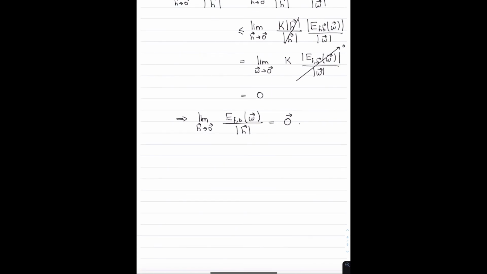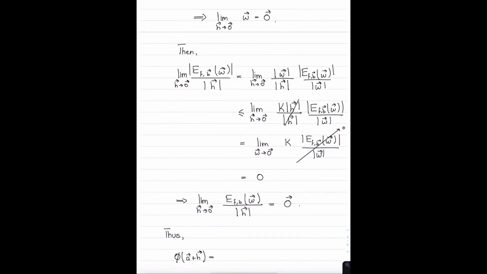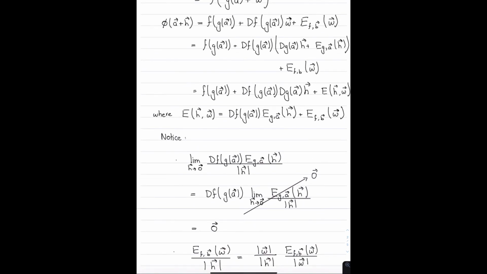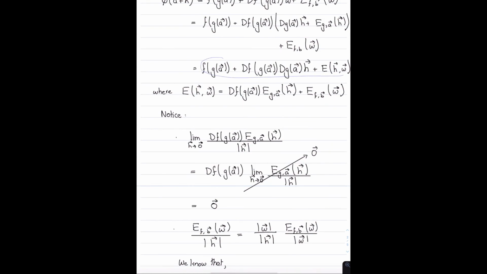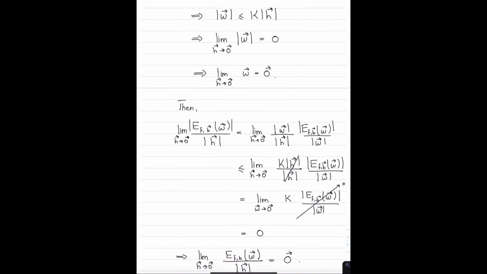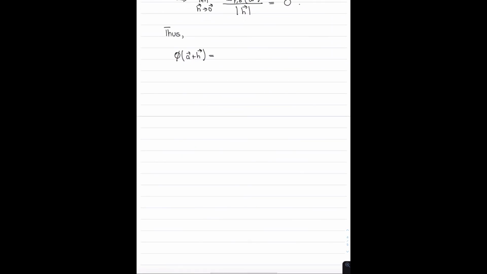And we can write a conclusive statement. Thus, phi of a plus h is equal to this entire piece. Copy. I'm just going to paste it over here, but I'm going to make one little adjustment.